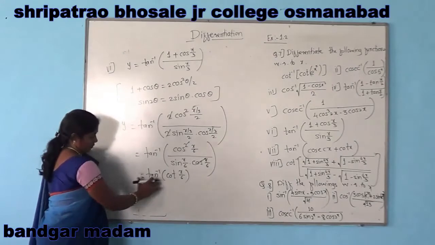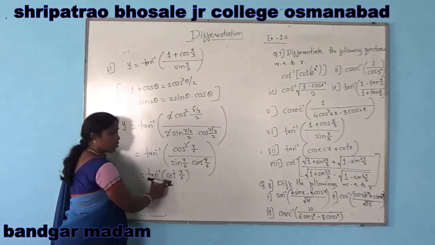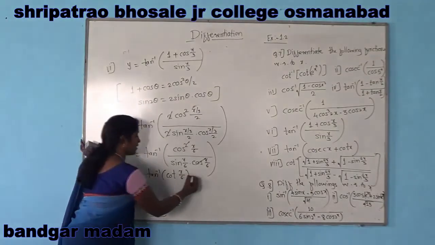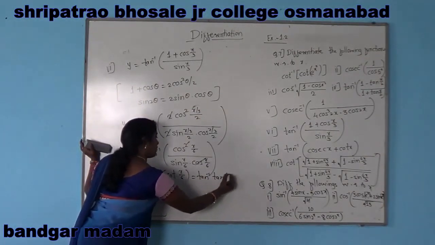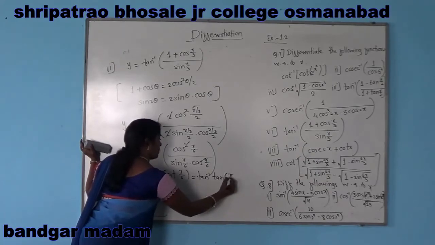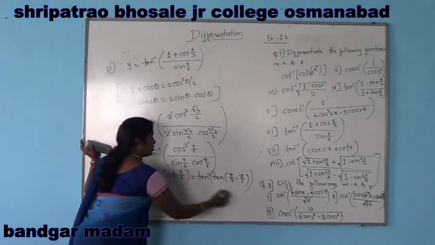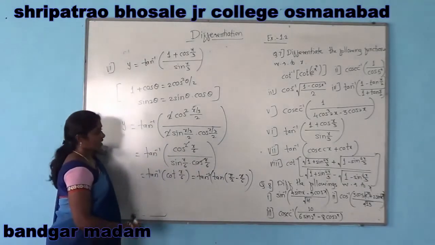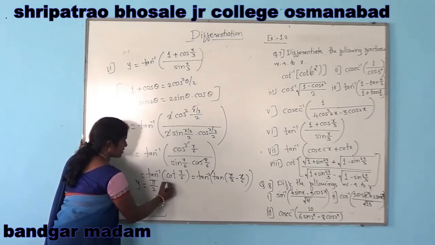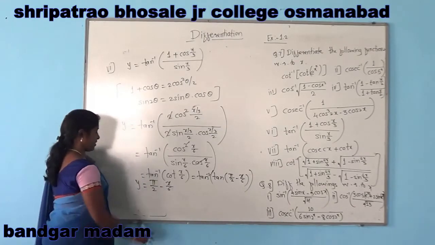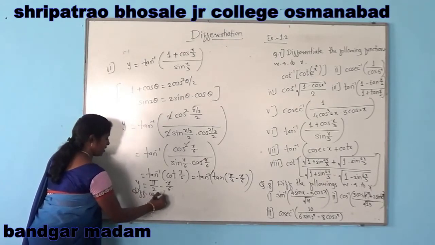Now we have to take tan inverse of tan form, so convert cot in terms of tan. So we get tan inverse of tan of pi by 2 minus x by 6. So we can cancel tan inverse and tan, and we get y is equal to pi by 2 minus x by 6. Now we can differentiate y with respect to x.